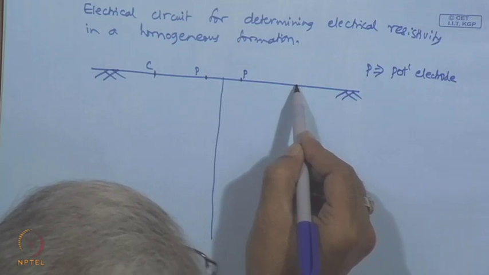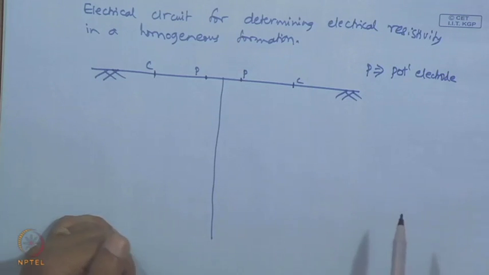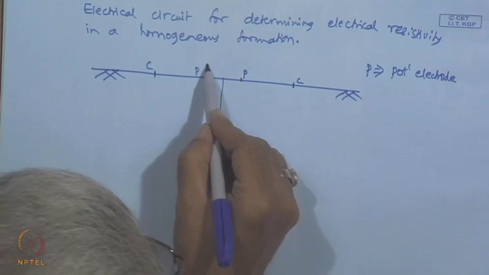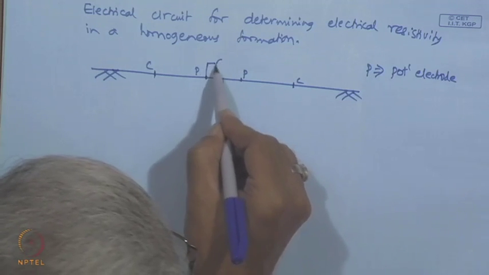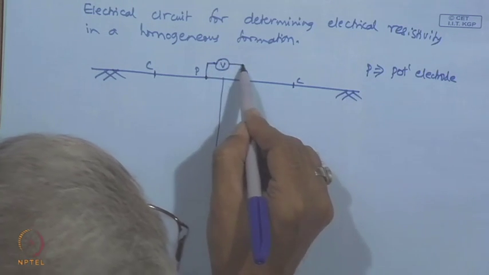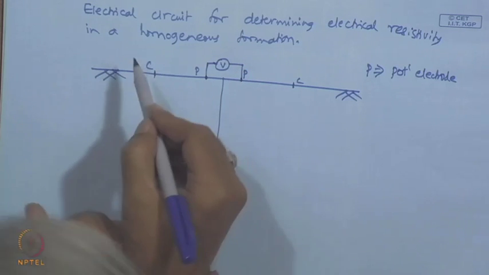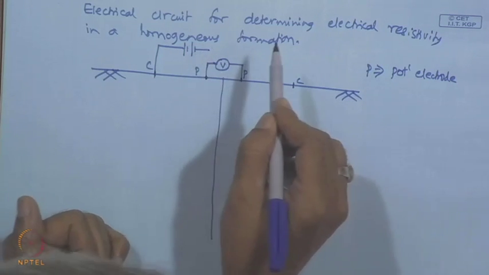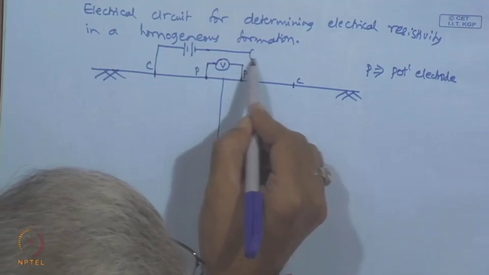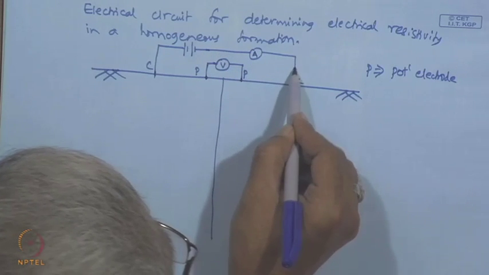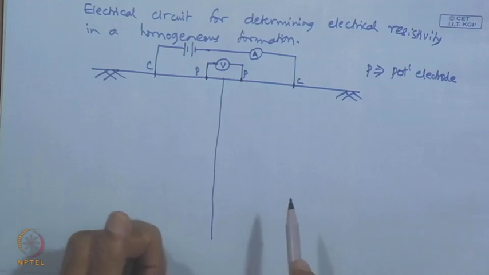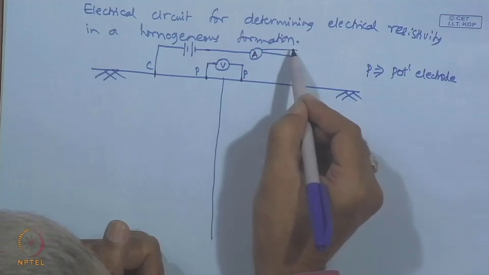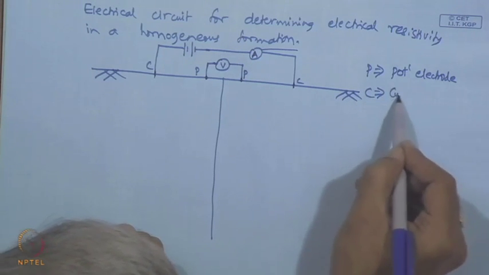It is a symmetrical formation. Between the potential electrodes there is a voltmeter, and between the current electrodes there is a battery source and an ammeter. C is the current electrode.